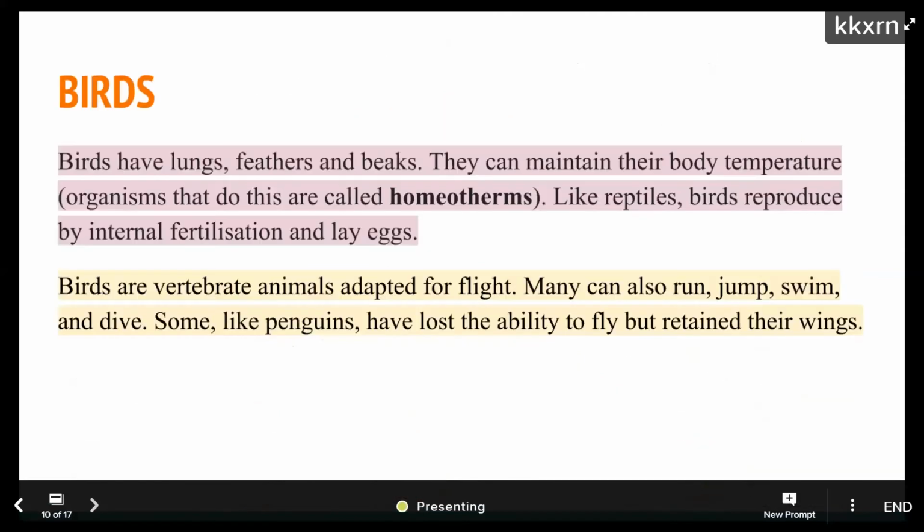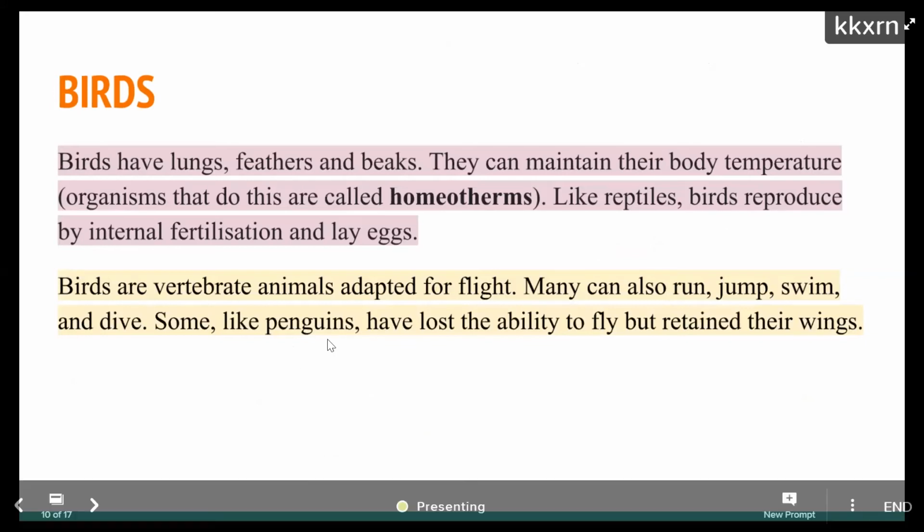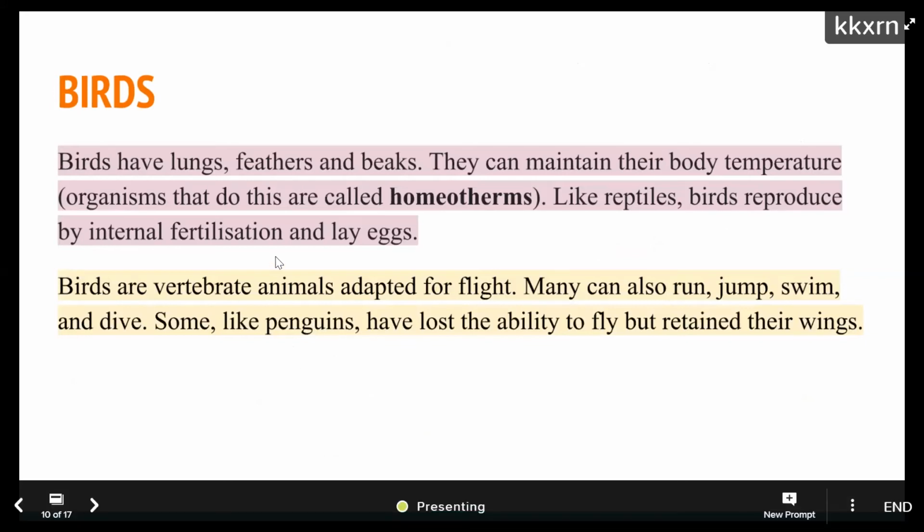And the fourth group of vertebrates are the birds. Now, birds have some different characteristics from the reptiles, amphibians, and fish. Firstly, they do have lungs, since they grow on land, they have feathers and they have beaks.